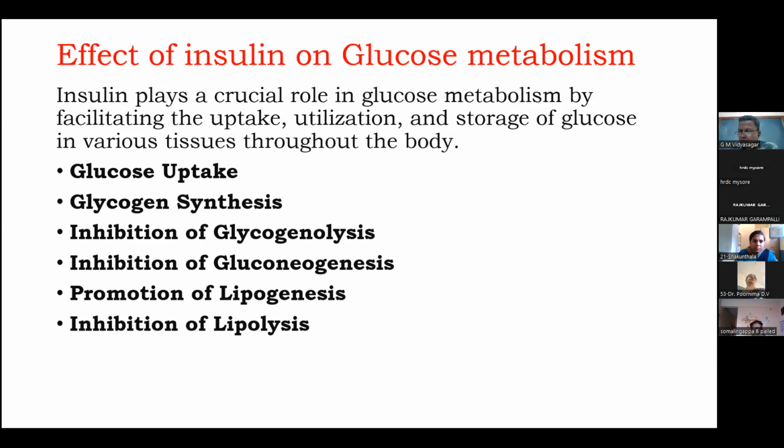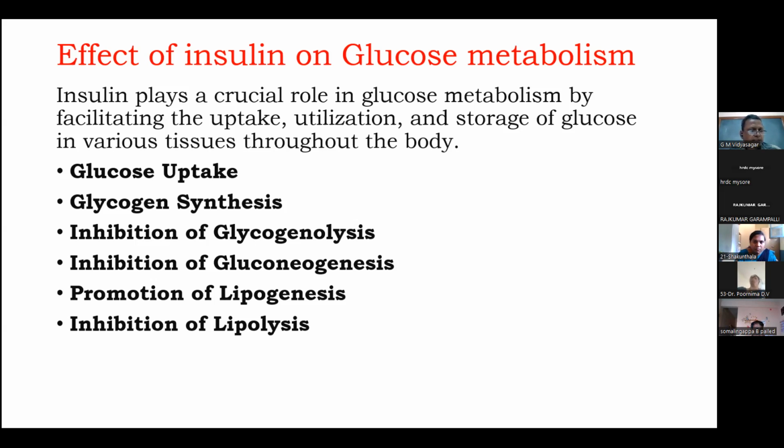The first one is the glucose uptake, where insulin promotes the uptake of glucose into cells, especially in muscle cells and fat and liver cells. It does this by increasing the translocation of glucose transporter proteins to membranes, which allows glucose to enter the cell.